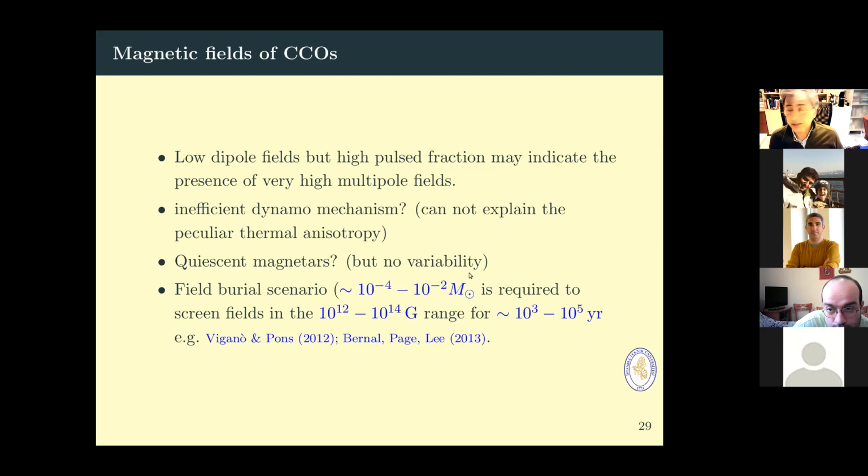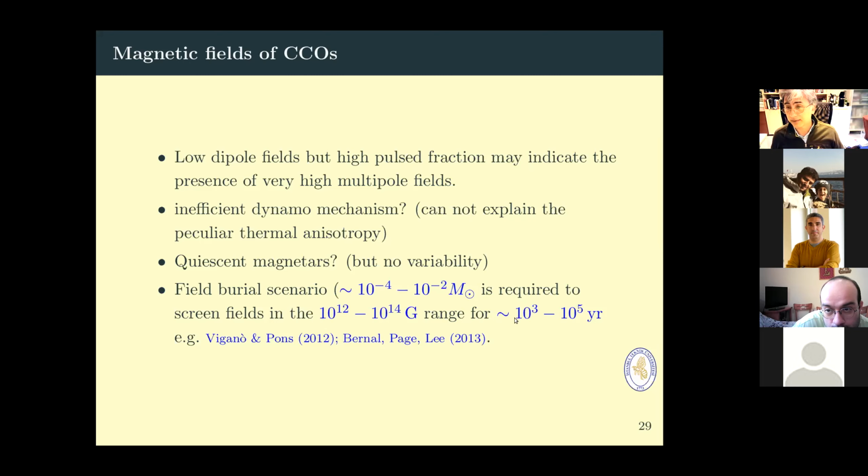Yet another suggestion is the field burial scenario, which says that some fraction of the material ejected in the supernova explosion returns and falls back onto the neutron star and buries the magnetic field under the crust for a while.